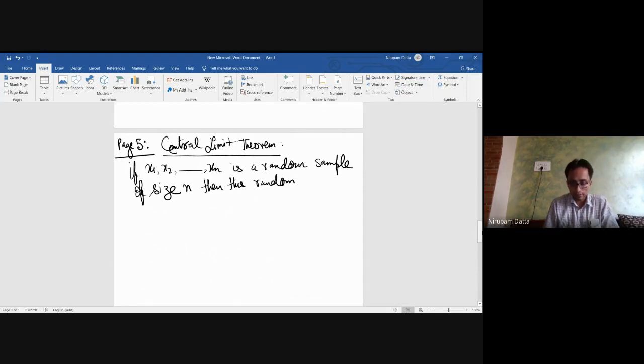then the sample mean, that is x bar, will be normally distributed.